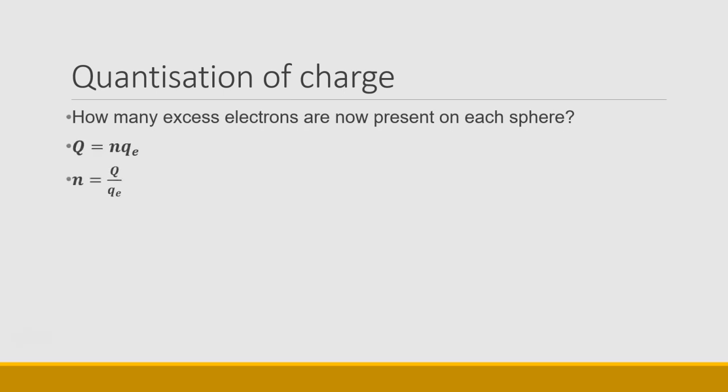We're going to apply the formula N is equal to Q over Qe, where our total charge is minus 7.2 times 10 to the minus 18, and we divide that by the charge of an electron, and we end up getting a number that is positive and that is a whole number, and that represents the number of electrons that are now present on each sphere once they have been separated from each other.